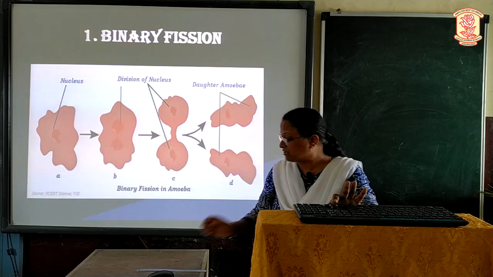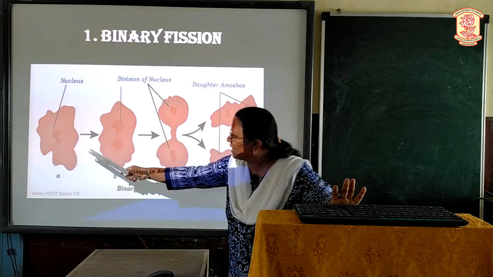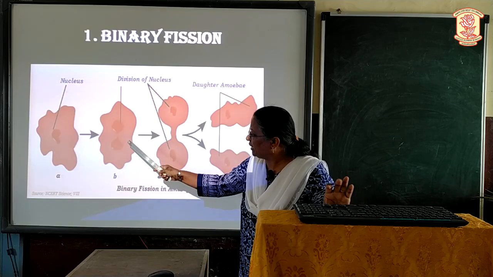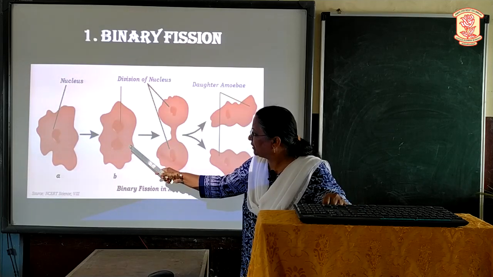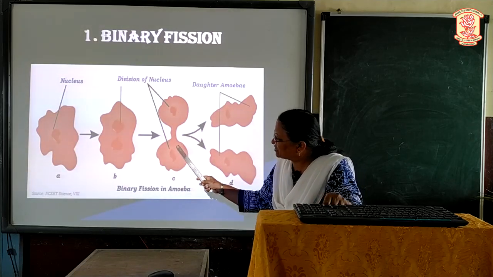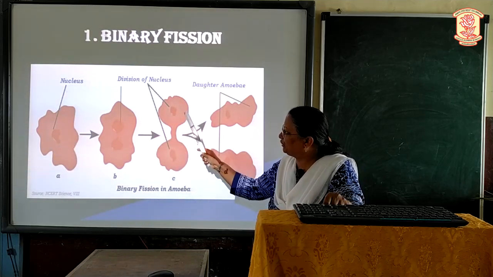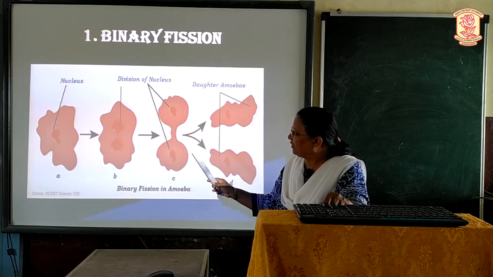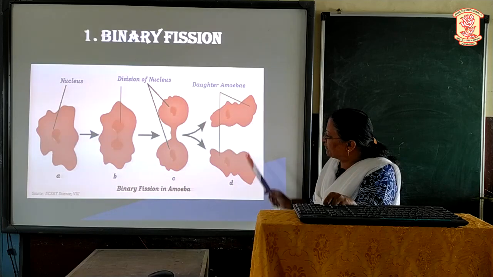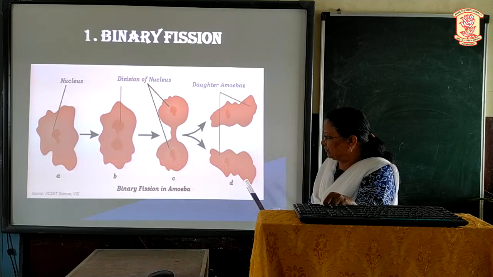The nucleus, which is centrally placed, starts converting itself into a dumbbell shape, and after this step the nucleus parts into two. The cytoplasm also starts collecting around the nucleus, wherein after a certain period the brood increases and two daughter cells are being produced.